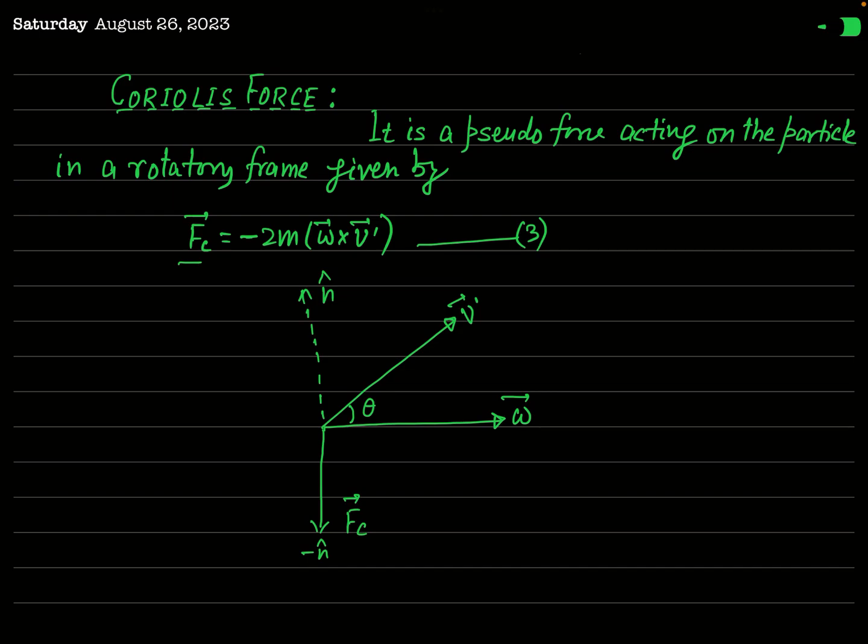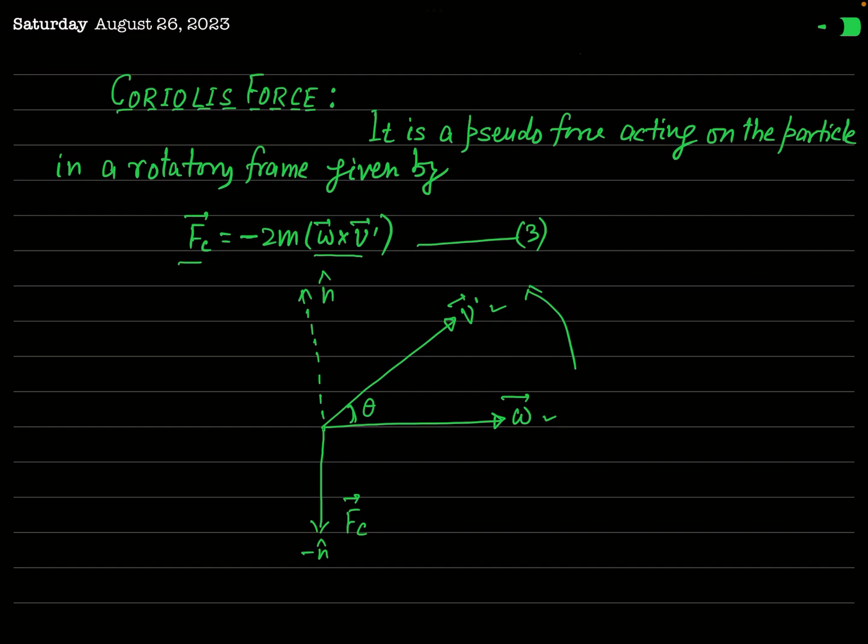Now, consider that theta is the angle between the vector omega and v prime. From the definition of the vector product of two vectors, omega cross v prime will be simply omega v prime sine theta times a unit vector, let us say n hat.